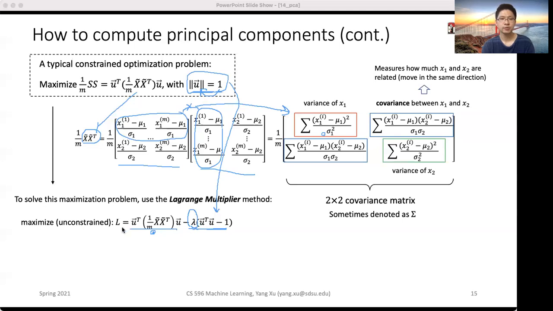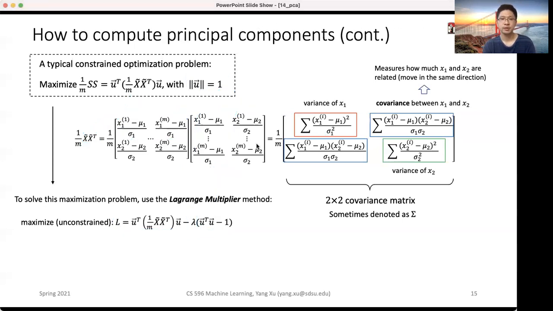So we construct this Lagrangian, which is in this form, and now we convert the problem into maximizing this Lagrangian with respect to both u and lambda. We have additional variables here.